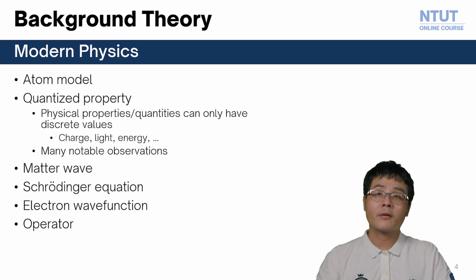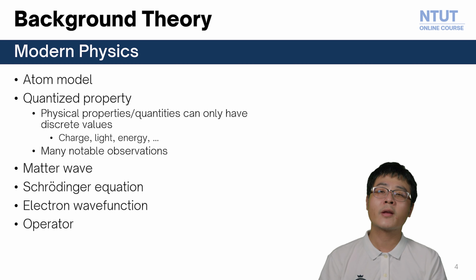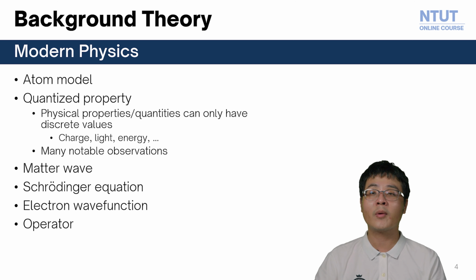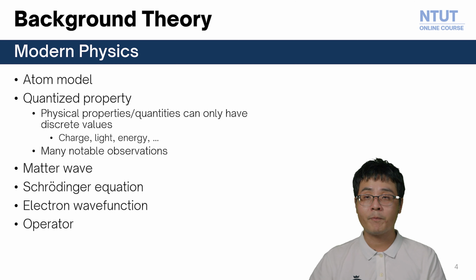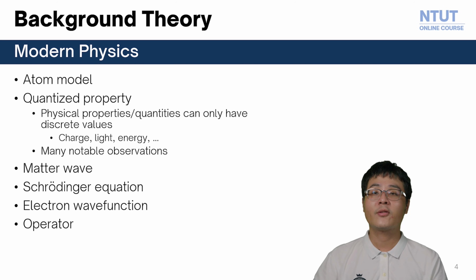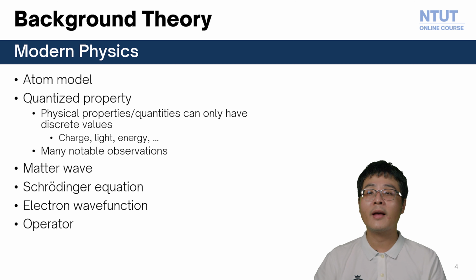scale. So the topics related to modern physics typically include the atom model, or some quantized properties, for example charge, light, or the energy level in the atom.